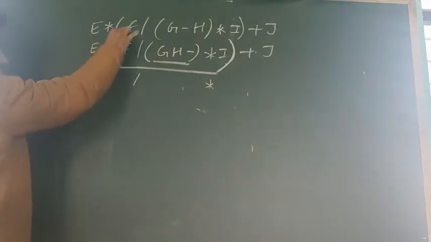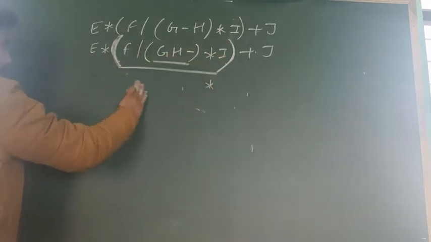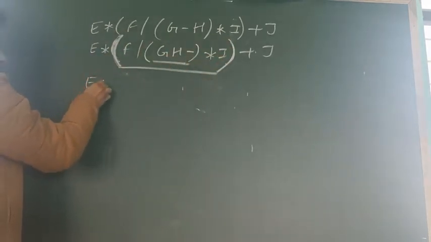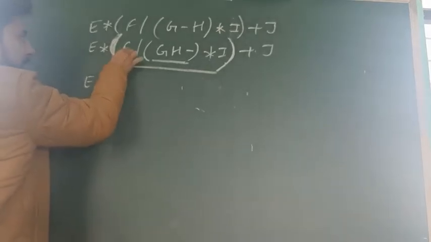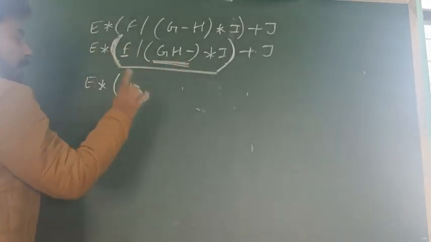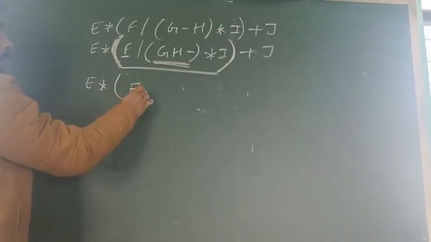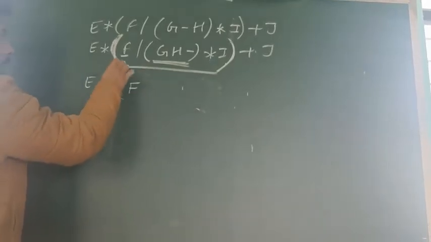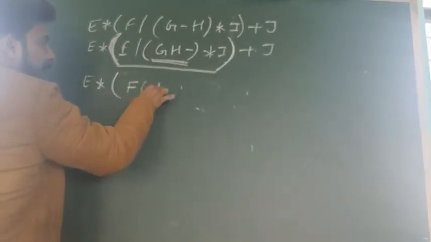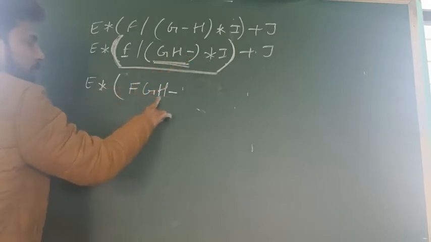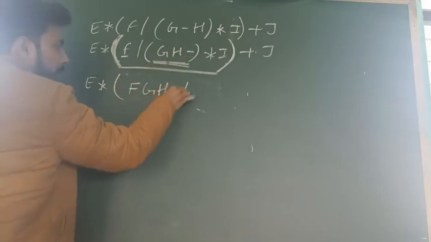But we are not solving this because we are having the bracket, so first we will solve the bracket. So E star, so this is one expression, this is another expression, we are converting to postfix, so the operator will come at the last. So F then G H minus, this is one expression, so G H minus, after that you are getting the operator.